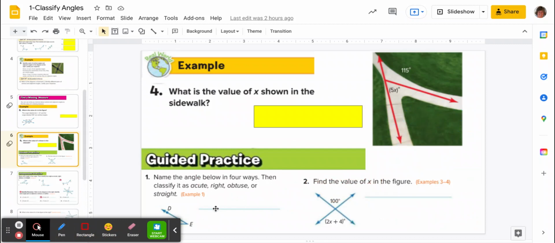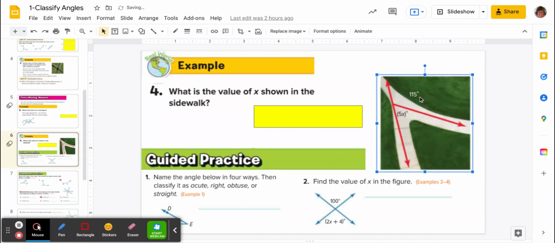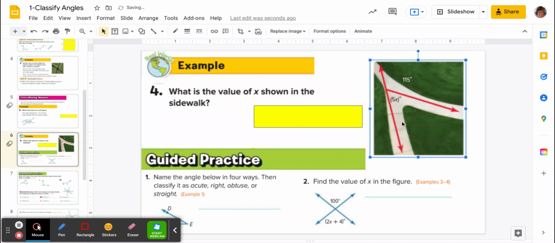All right. So what is the value of x shown in the sidewalk? Remember, this is a straight line. What do we know about straight lines? We know that they equal 180 degrees. So I know that from here all the way around to here has to be 180 degrees. So that means 5x plus 115 equals 180.